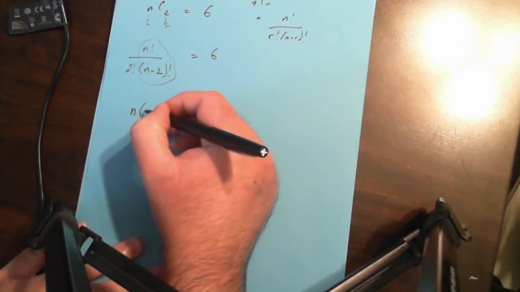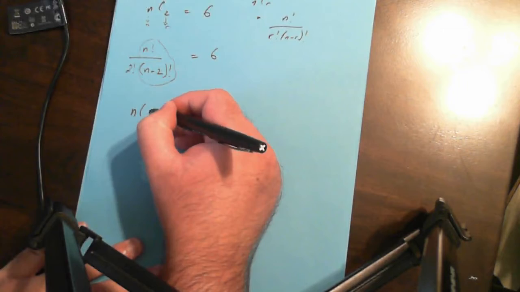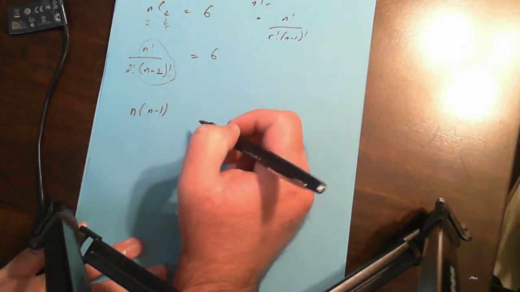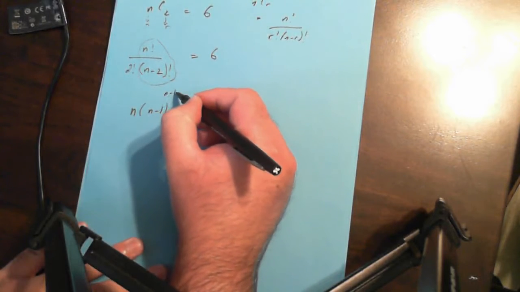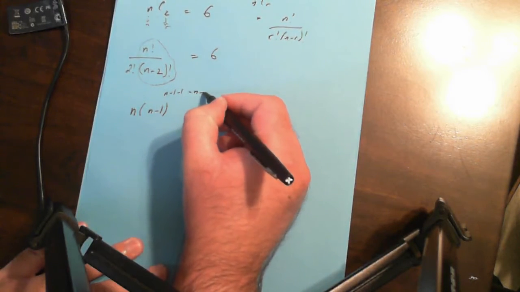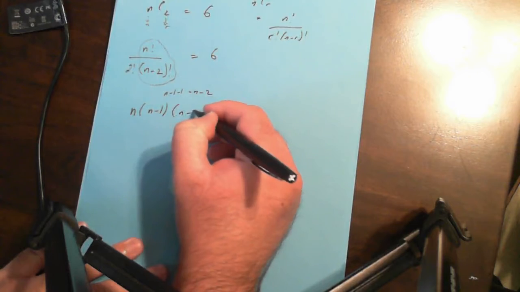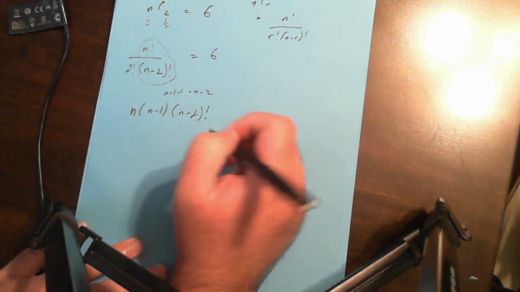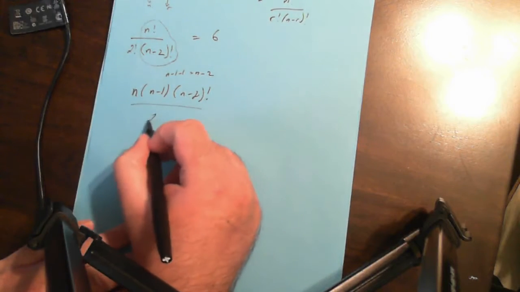Then my next term is 1 less than n, which is n minus 1. My term after that is 1 less than n minus 1, which is really n minus 2. So my next term is n minus 2, which is what I have down here. So I'm actually going to stop here, put my factorial sign, then write the rest of the equation here.